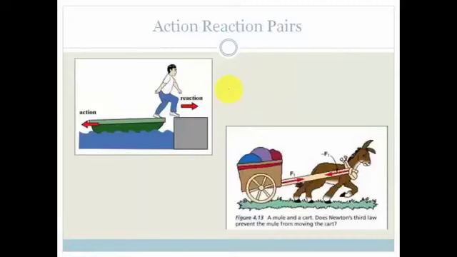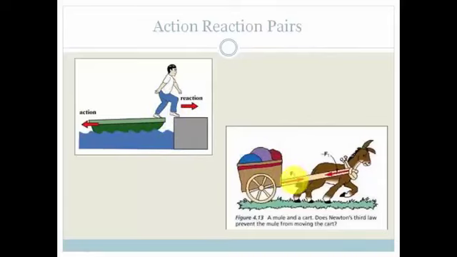Here are another two very useful examples of action-reaction pairs. If you've ever tried to get out of a boat, on the sea or even on a lake, as you push off the boat, you know that the boat is actually moving away, because your action is that you're pushing on the boat, but then the boat is pushing on you. Okay, so those are action-reaction pairs.